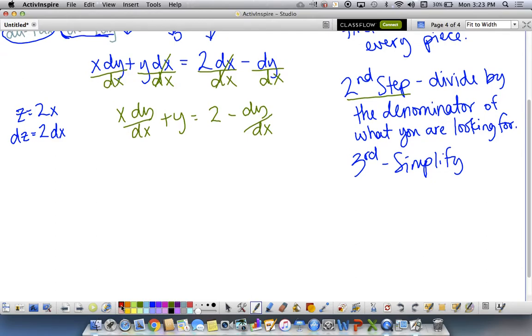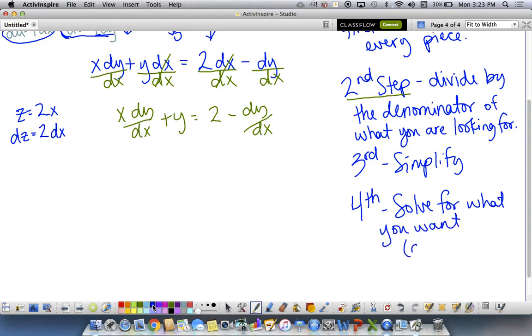Next, we need to get all our variables together on one side. Really, I probably would say fourth, solve for what you want. It will take some algebra.